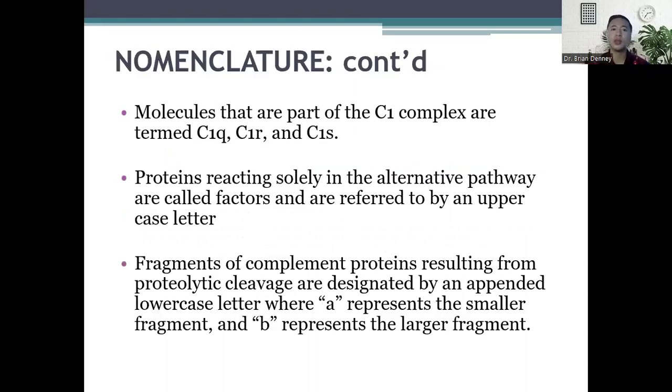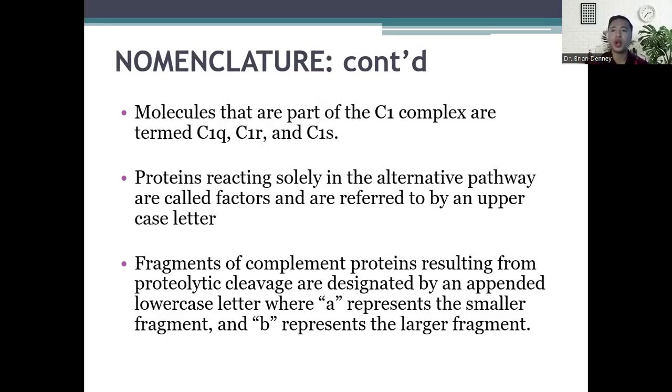Let's continue. Molecules that are part of the C1 complex are termed C1Q, C1R, and C1S. I want you to look at the phrase C1 complex in the first bullet.